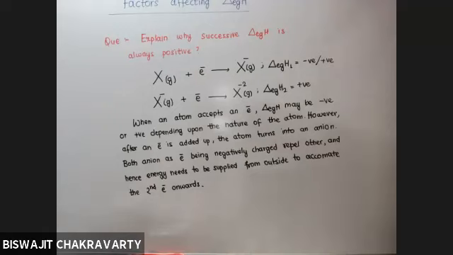Why? Because the electrons which are already present will show some kind of force of repulsion, even if the system is yet to achieve the stable configuration.